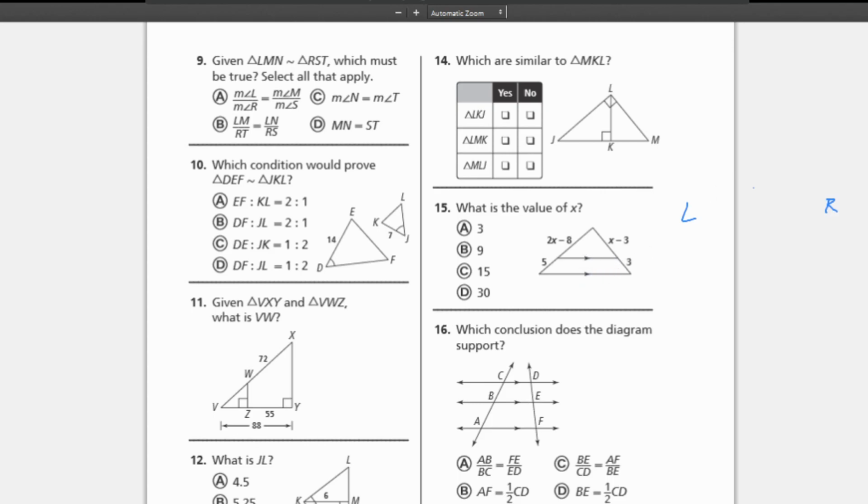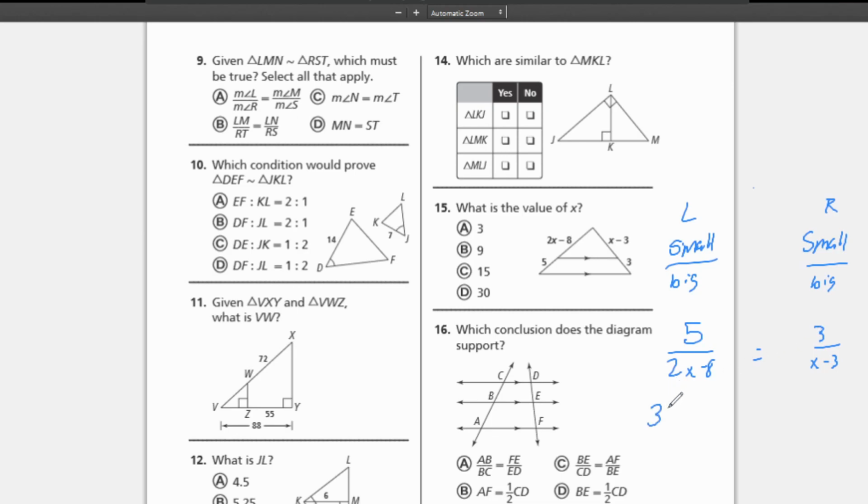And basically what that theorem told us is if we take the left-hand side small number and divide it by the big number, and I do the same for the right-hand side, I will create the proportion that will allow me to solve for x. Here the smaller side is 5 over 2x minus 8, and here I have 3 over x minus 3. And I can set those equal to each other, and I can start solving.